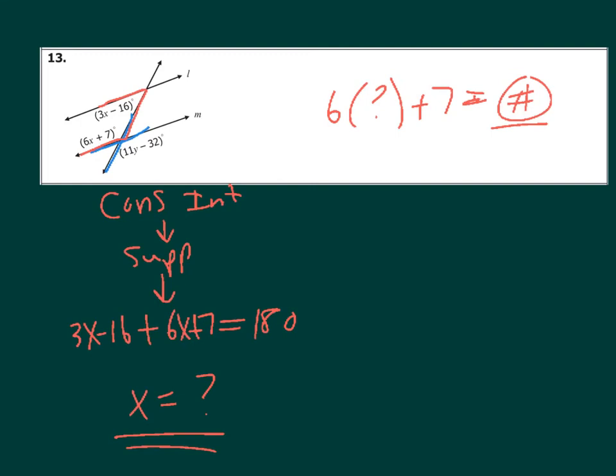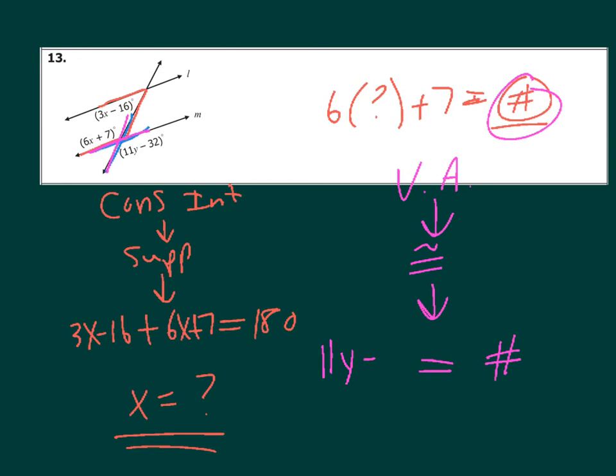Now the y, keep in mind we had this vertical angles business, so whatever that number is, vertical angles implies that things are congruent, which means that we're going to set things equal. So whatever this number is, we'll put it over here. It'll be a value, and that's going to be equal to 11y minus 32, and you should be able to get a value for y. So that's how you're going to wrap up this work.